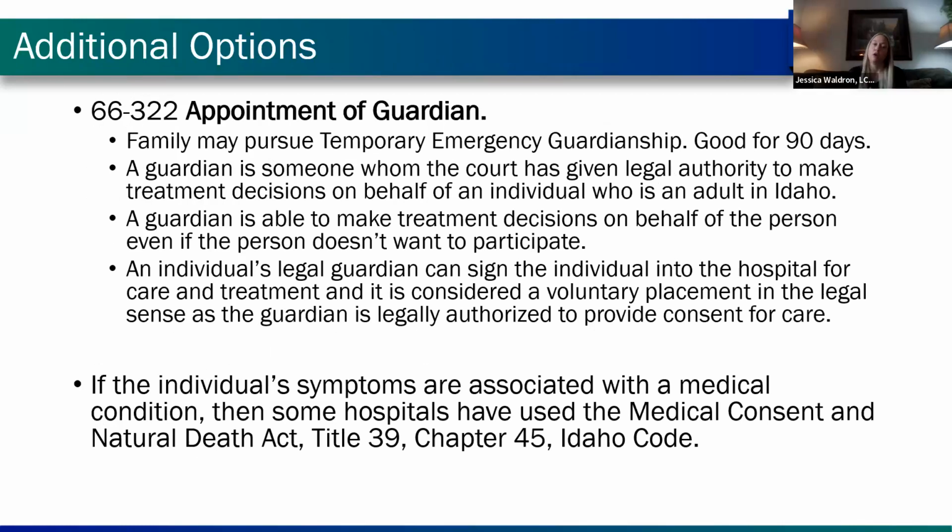That's where we, generally as DEs, most of the DEs that I've worked with over the years, we don't just go in and say, nope, they don't meet commitment criteria and that's the end of it.